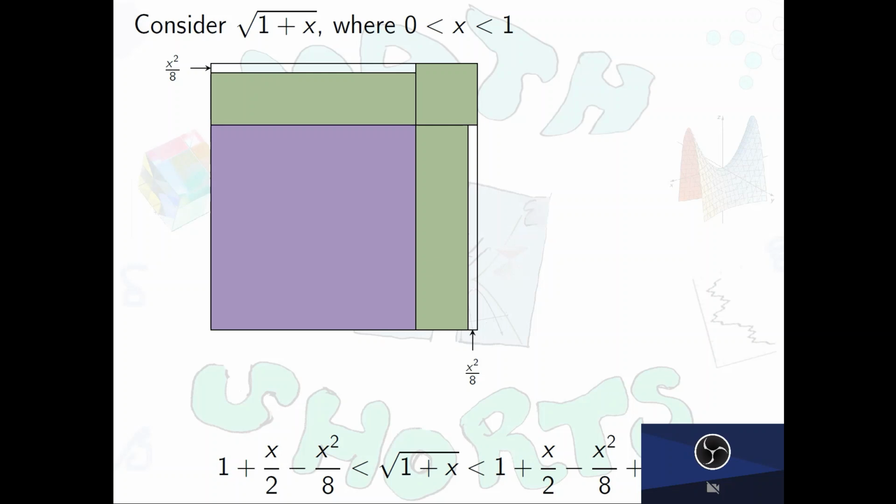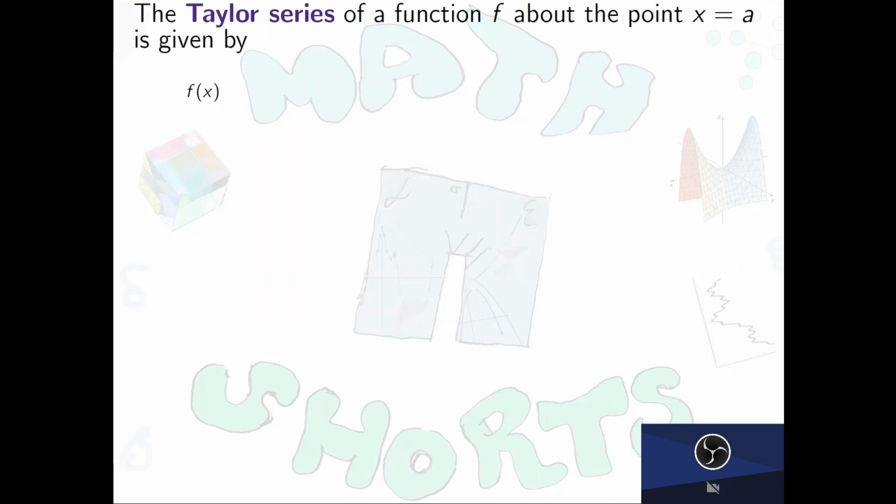Now, for those that know a little bit of calculus, or later on you'll see in calculus, there's a thing called a Taylor series of a function about a specific point, which means that we can take a function and we can approximate it, no matter what that function is, by saying, well, let's just say that it's equal to f at this particular value.